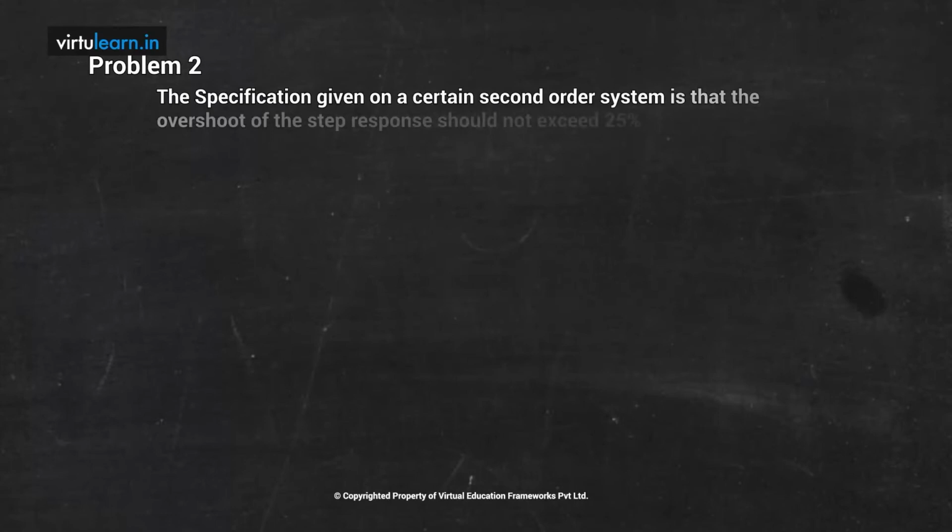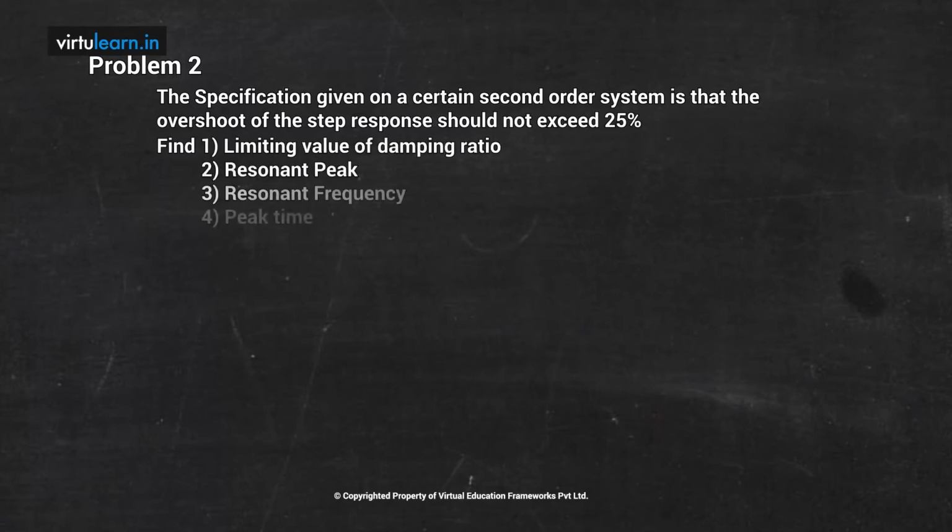Let us look at another problem on frequency domain specification. The problem statement goes here. The specification given on a certain second order system is that the overshoot of the step response should not exceed 25%. Find the limiting value of damping ratio and corresponding peak response, that is peak resonance, and resonant frequency and peak time of the system.